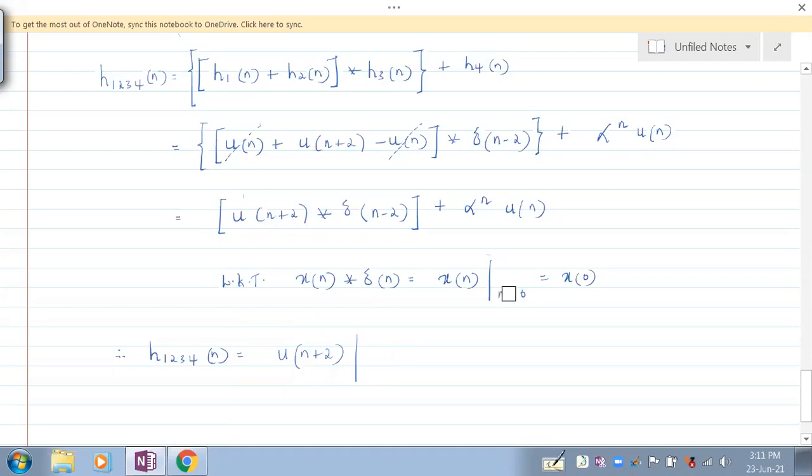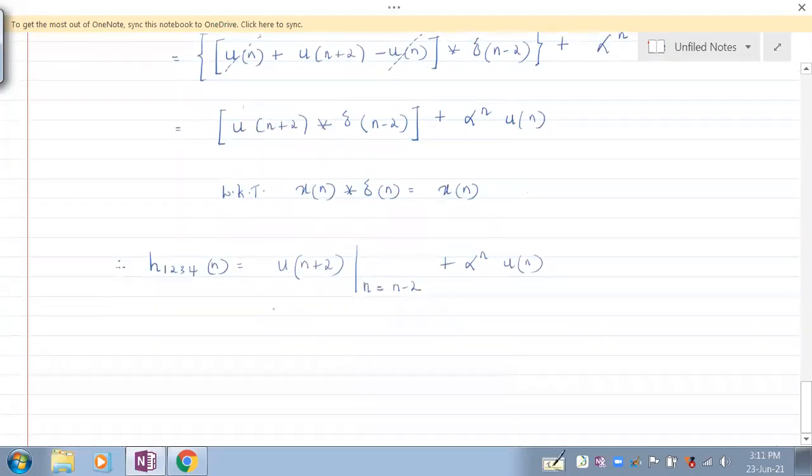This is not the convolution property, this is the identity property. If you convolve any signal with delta of n, you will get back the same signal. Here u of n plus 2 is the signal, but n has to be n minus 2 here, plus alpha power n u of n. So this is how the signal looks.